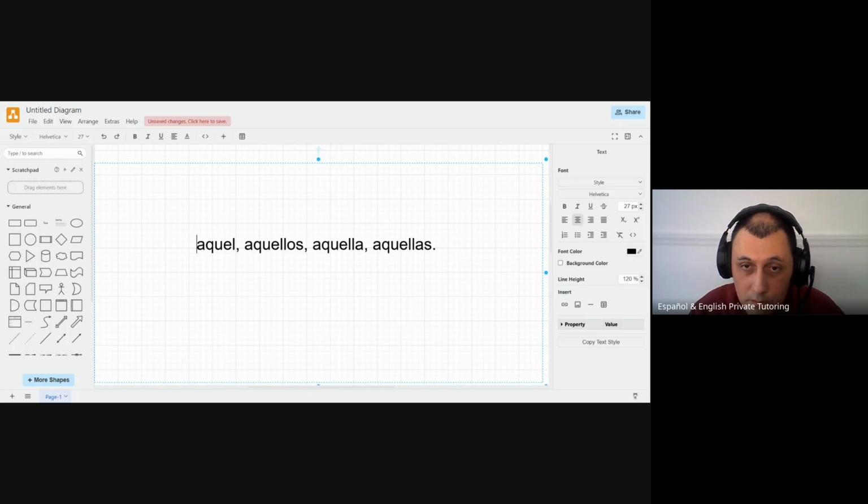That means both far from the speaker and the listener, or just near the listener. But this one is only used when the person or thing is far from both the speaker and listener. Example, I can say that car over there. I cannot say to you that car over there when the car is next to you, even though I'm far from you, which is the same meaning.